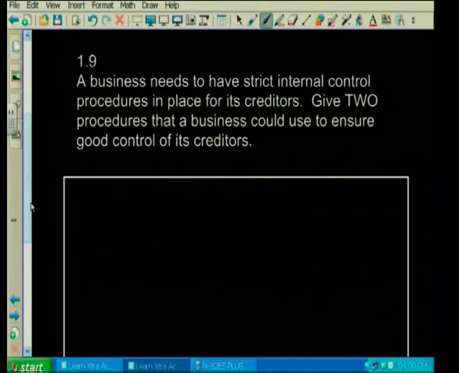A business needs to have strict internal control procedures in place for its creditors. Give 2 procedures that a business could use to ensure good control of its creditors.